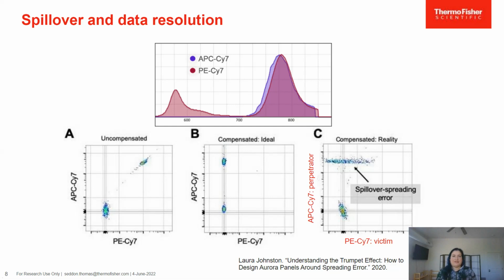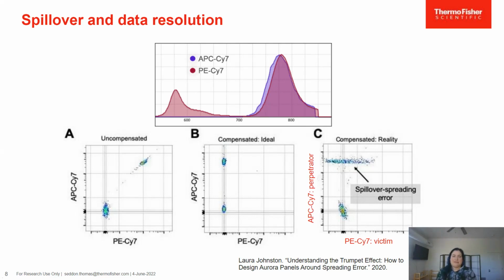And so just as an example here, this is showing you if you had a single color control with APC-Cy7 and used this uncompensated, and then the idea of if you applied compensation. And in an ideal setting, you would imagine that this would line up perfectly. You would have no detection in PE-Cy7 from this single color control. But in reality, what you see is this, it looks like either a trumpet or a goldfish tail, this spillover spreading error.